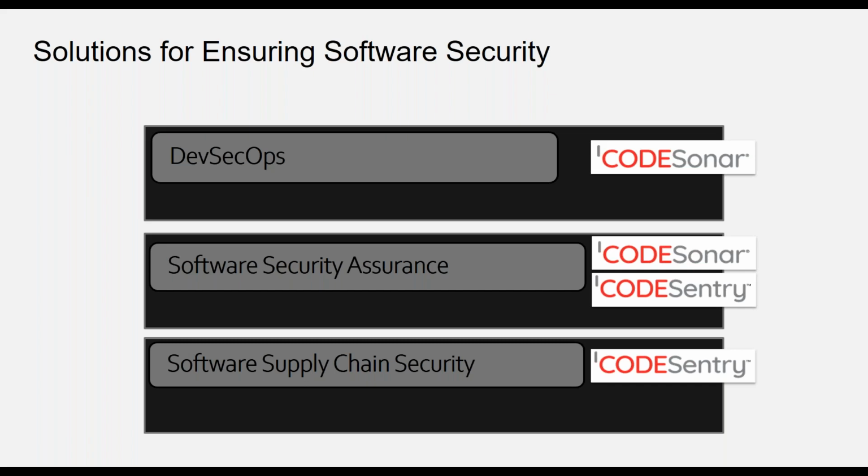Then you have software security assurance, where you can use both Codesonar and Sentry. And then you have software supply chain security, where you use Sentry. Sentry makes a bill of materials of your binary and identifies code or vulnerabilities which are known and published in different databases.